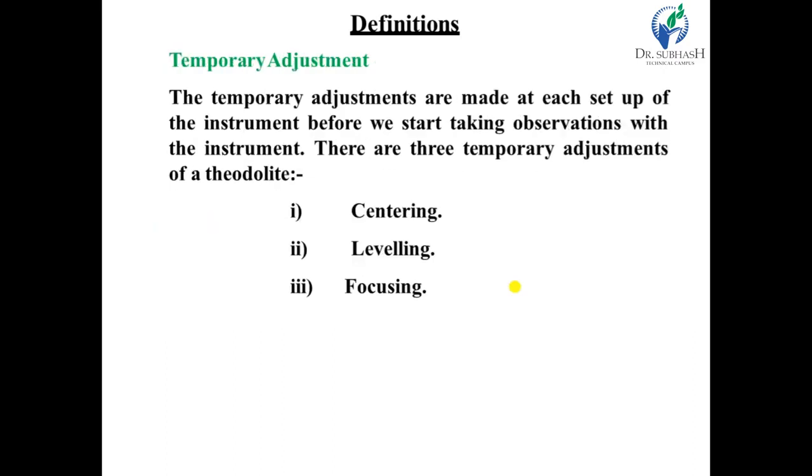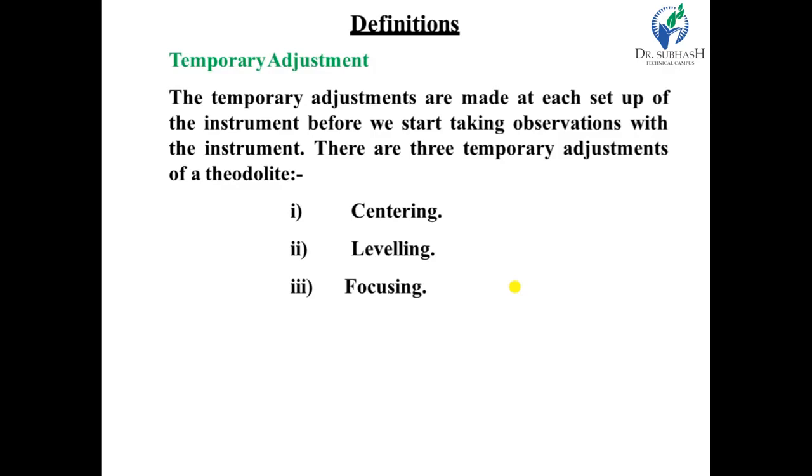Now, there are some arrangements we have to make before starting the survey work. The temporary adjustments are made at each setup of the instrument. There is another type of adjustment called permanent adjustment.